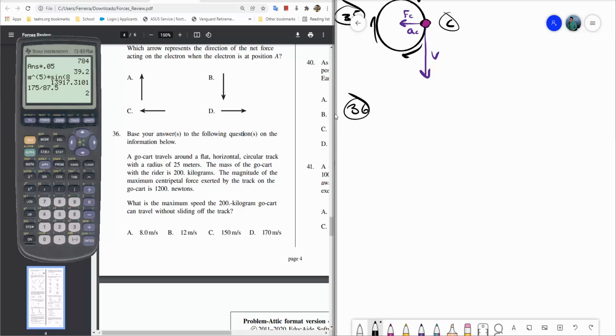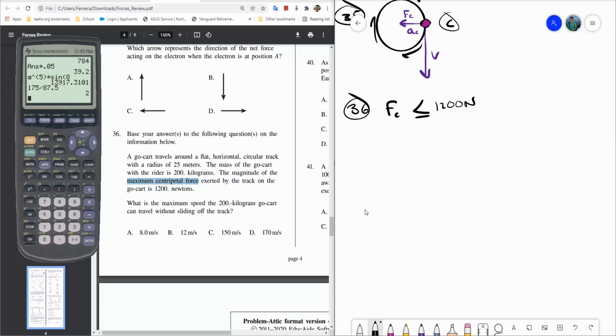I was going to say you need to find the force of friction, but you don't because of how they phrased it here. The magnitude of the maximum centripetal force is 1,200 newtons. So centripetal force can't go more than 1,200 newtons. Right? It can't be more than that.